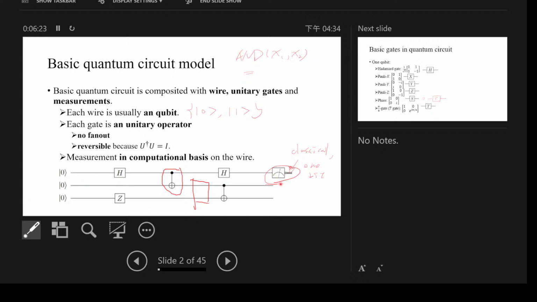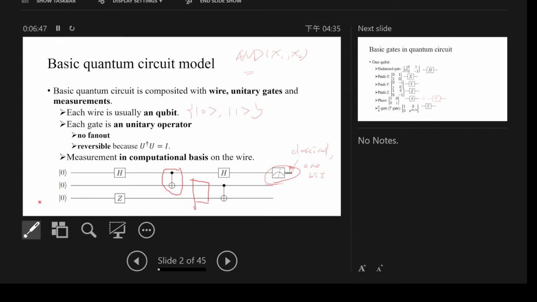When you see a measurement, it's usually this symbol. We have this meter, which means measurement, and then we draw a double line wire here. The double line wire means that it's a classical wire, and it will carry 1 bit of classical information. So it's just either 0 or 1.